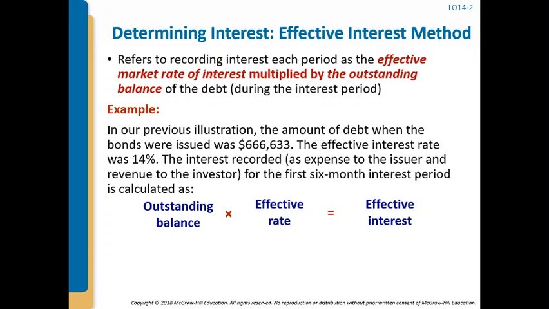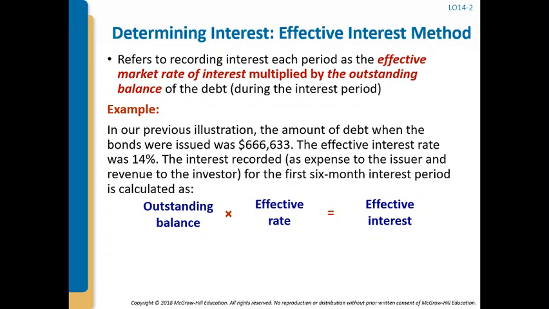Okay, so every 6 months, what the company is doing here is they're paying $42,000 in interest, but they're also amortizing the bond discount based upon the effective interest rate, the 7%, times the outstanding balance at the time of the calculation.